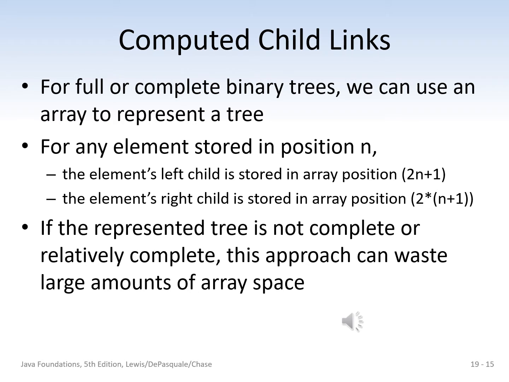So, for any element stored in position n, the element's left child is stored in array position 2n plus 1, and the element's right child is stored in array position 2 times n plus 2. To represent a tree that is not complete or relatively complete, this approach wastes large amounts of array space and would be better implemented with a linked structure.